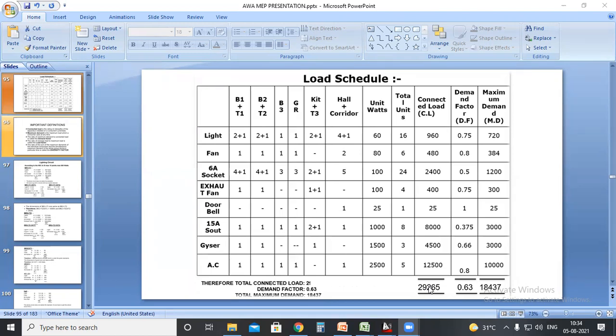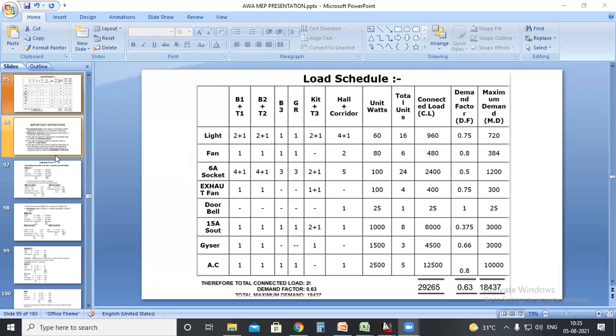You can simply arrange the load in R phase, Y phase, B phase. For example, R phase will have bedroom 1 or bedroom 2, Y phase will have bedroom 3 and guest room. Like that way you can arrange. Here I'm just showing an example.